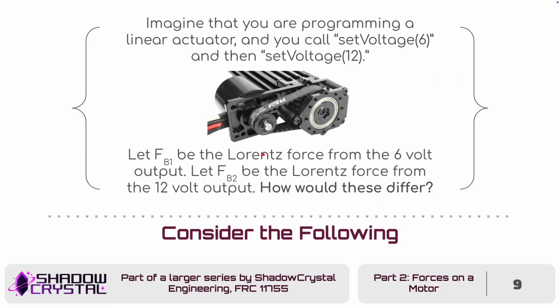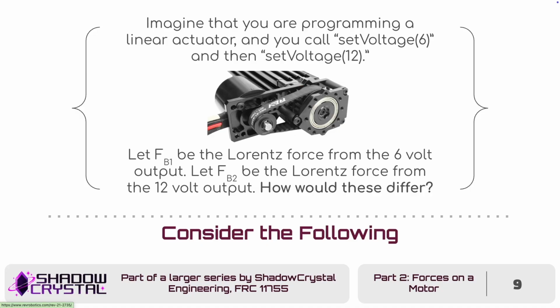So what I'd like you to consider is, you've reviewed Ohm's law, V equals IR. You know Lorentz force. Lorentz force equals current times wire length times magnetic field strength. Now, this is a diagram of a Rev Neo motor belted to a linear actuator. So essentially, if you've ever played Minecraft, you've ever seen a piston, that's what this is.